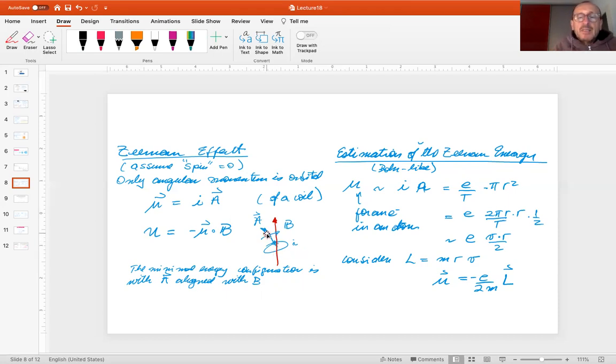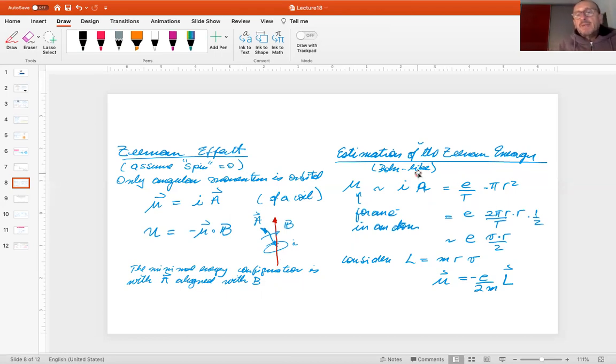Well, the coil will feel a torque, and it will go to the position of minimum energy, and the position of minimum energy here will align the magnetic moment with the magnetic field applied. So this A vector here should point in the same direction as B. And this is the minimum energy because mu and B will be aligned. The minimum energy is when they are both aligned, and that is the position where they are happy, you know.